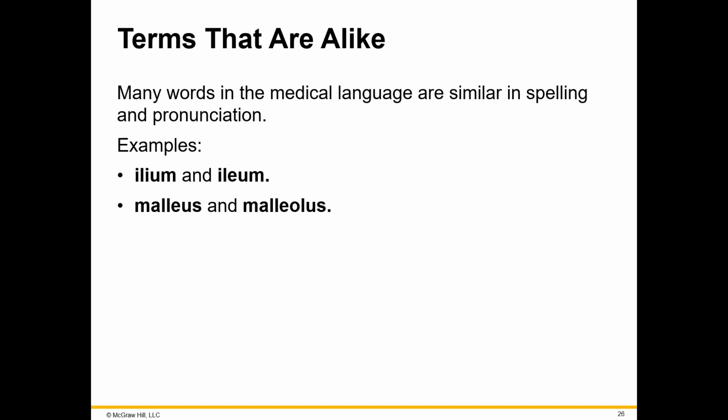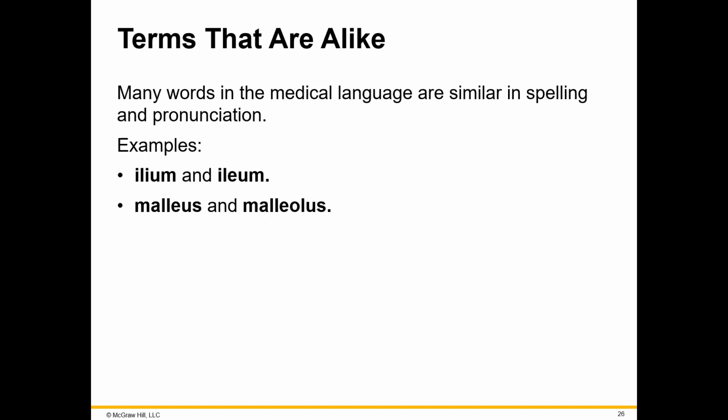A way I like to remember these is the ileum with the E has to do with you eating, so that's why that has to do with your small intestine, versus the other ilium, which is part of your bones. Then we have malleus versus malleolus. The malleus is a small bone in the middle ear. Now, malleolus is a bone protuberance at the ankle.